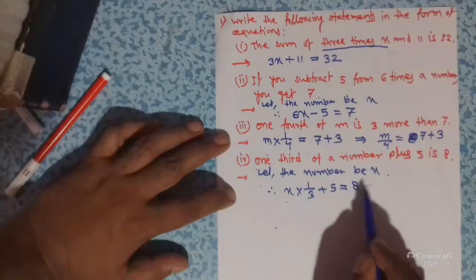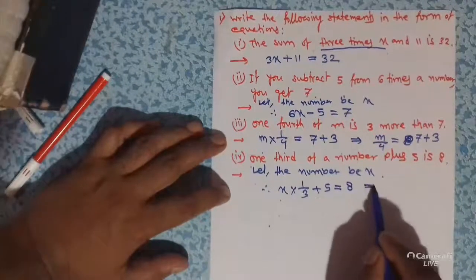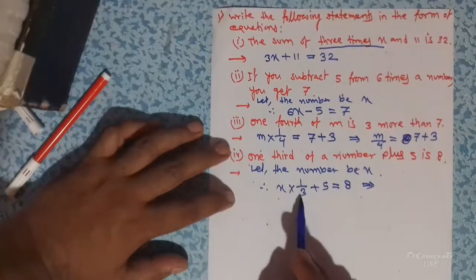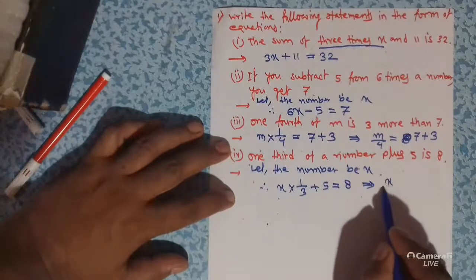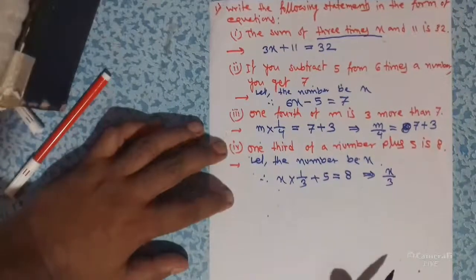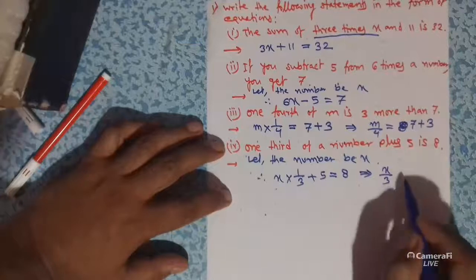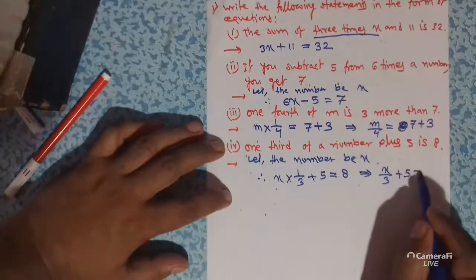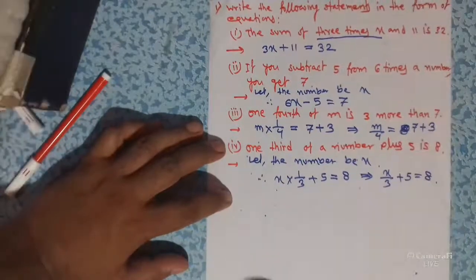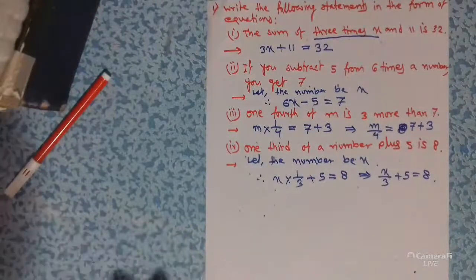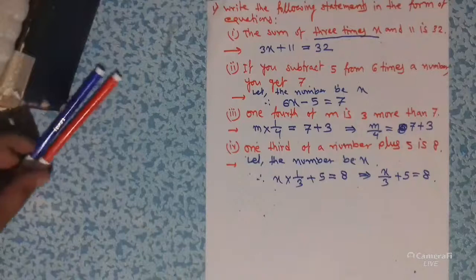That means the result is 8. So you write is equal to 8, or else you can write x multiplied by 1 by 3 means x by 3. I repeat once again, x multiplied by 1 by 3 means x by 3 plus 5 is equal to 8. Both are correct. I hope you understood, students. If you have any doubt, you can ask me.